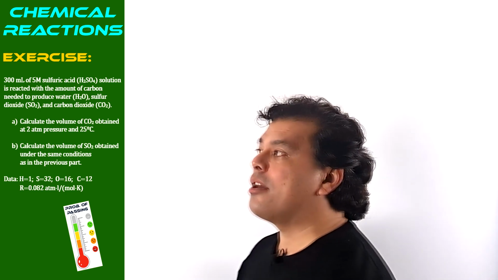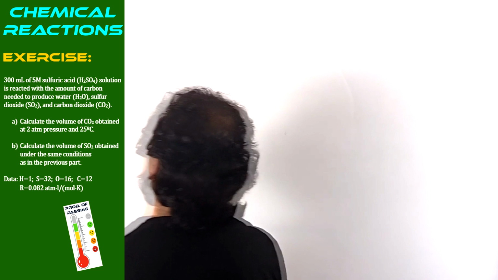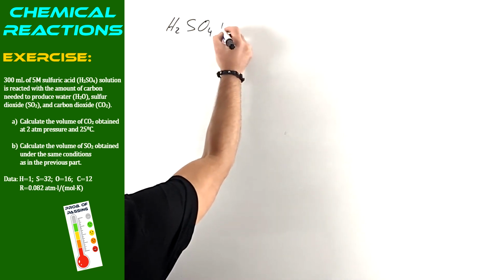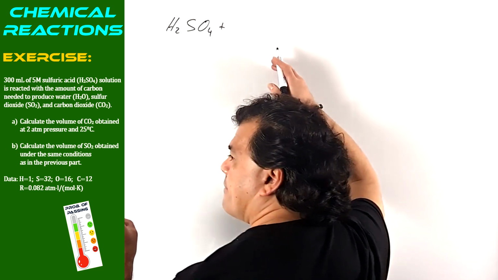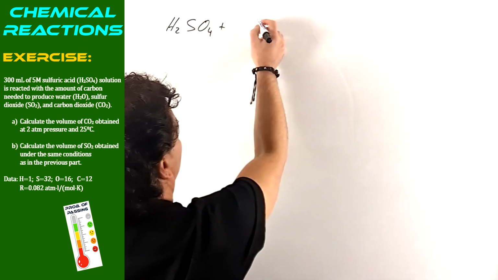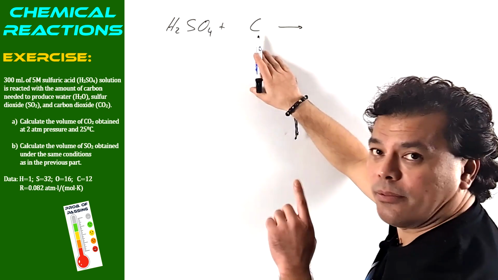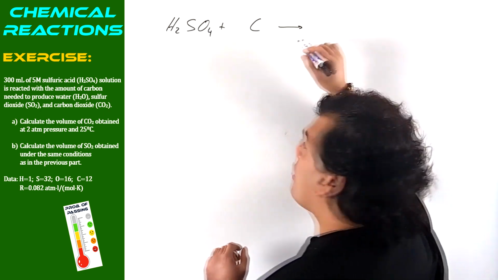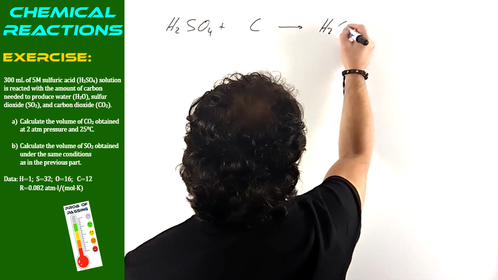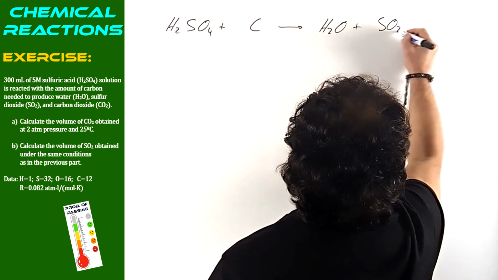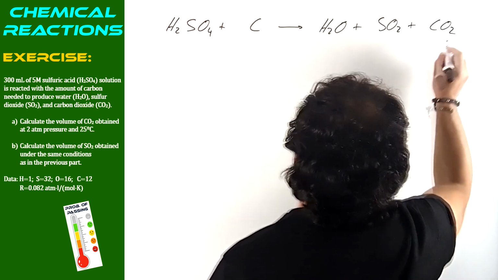It says that sulfuric acid, here you have it, reacts with the amount of carbon needed. Here, carbon. And don't forget that carbon is a monoatomic substance. In order to produce water, here's water, sulfur dioxide, and carbon dioxide.